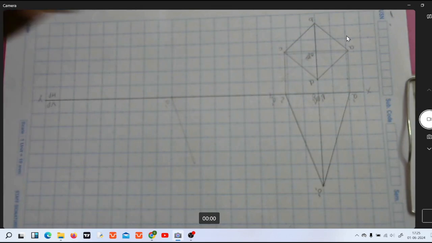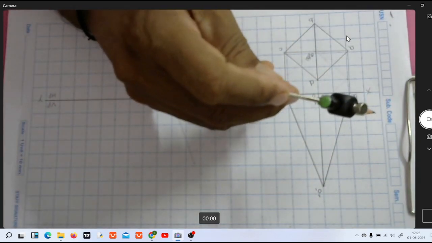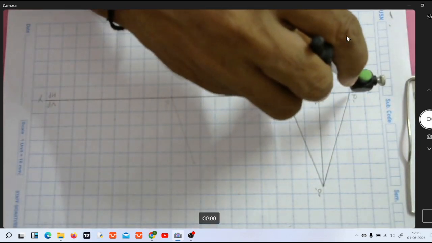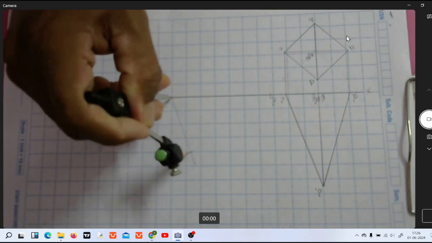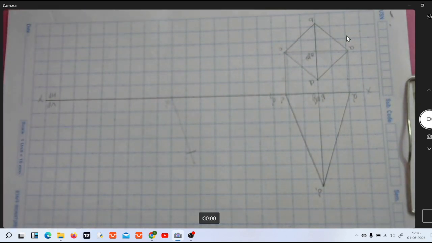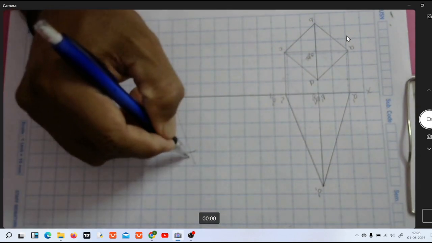So now measure the distance with the help of a compass again, the distance between A dash and C dash. Now keeping A dash as a reference point, you just mark over here. Now you got a point C dash.